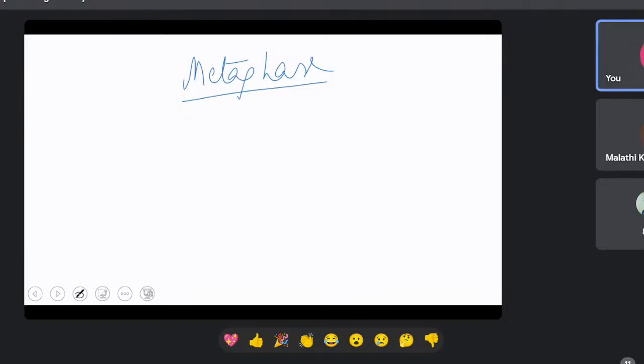Here the chromosomes, the cell is arrested by treating with a chemical called colchicine.